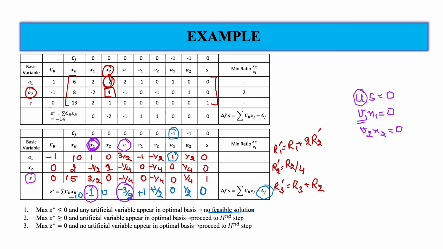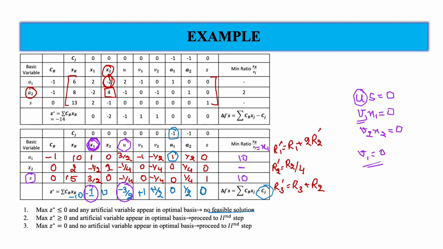Because v1 is not in the basis, v1 is 0, so x1 into v1 is 0, this condition is satisfied, so we will enter x1. Now corresponding to this we will find the minimum ratio. For x1, 10, 2 divided by half, minus, it will be negative. Then 15 divided by 3 by 2 is also 10.